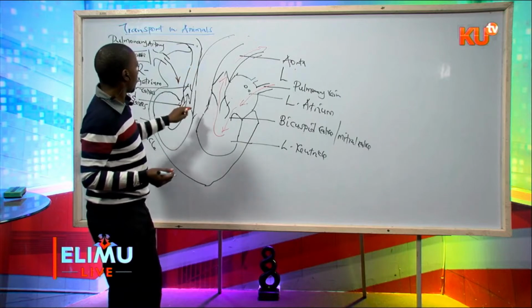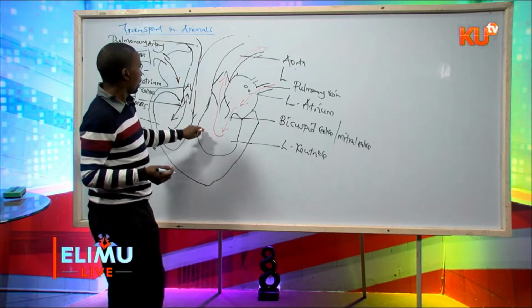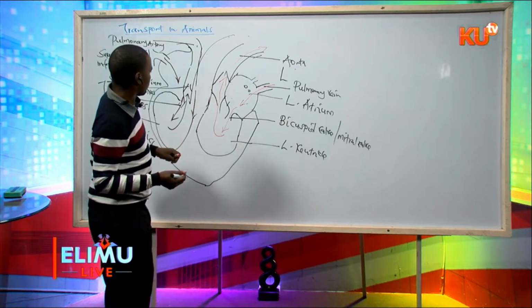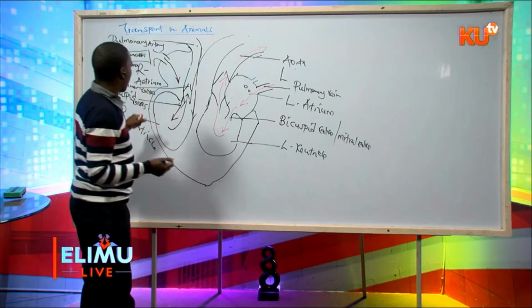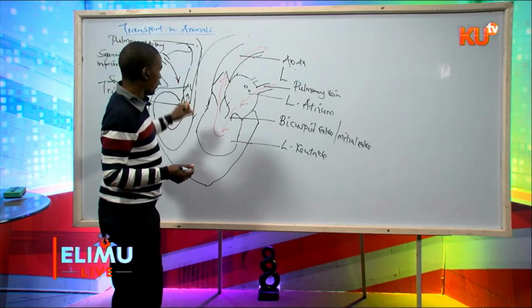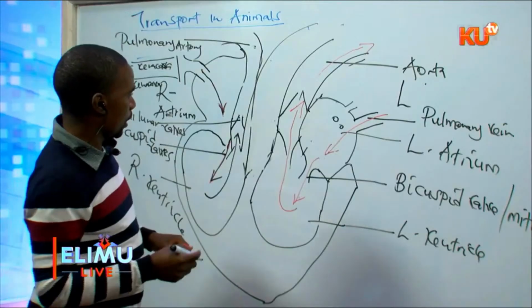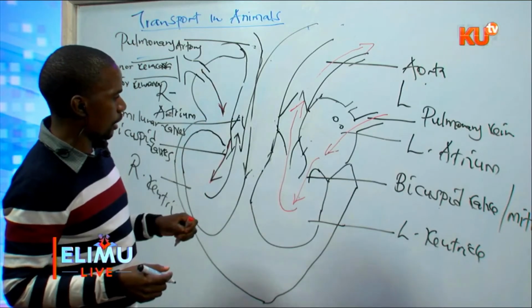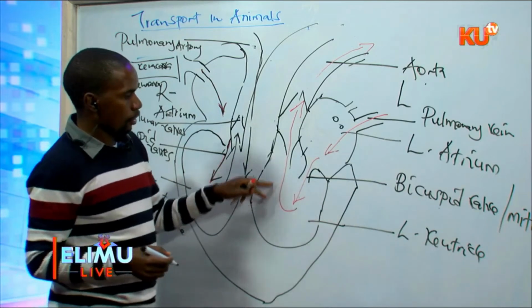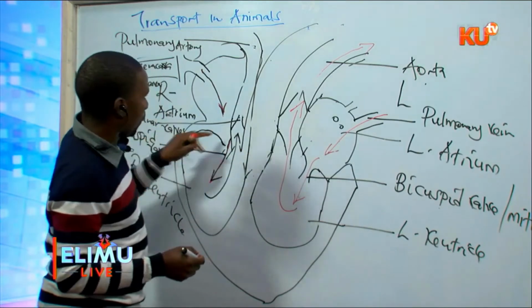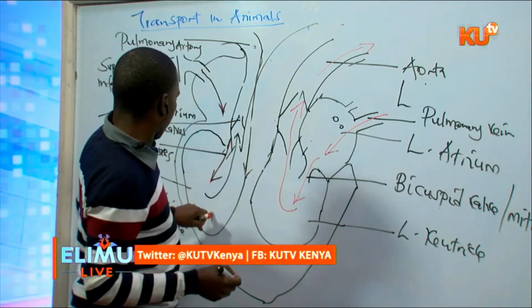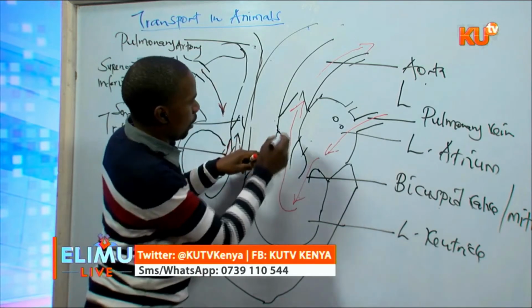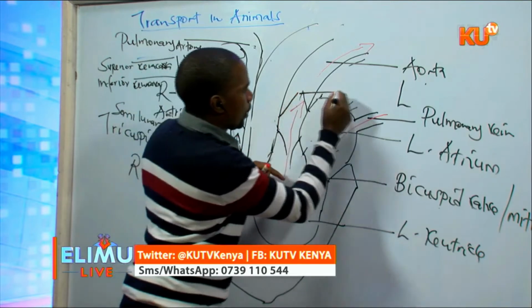So basically that is how the heart and its parts are situated, and that's their function. So having said that, we have to look at specific things here. This one is the semilunar valve. We have said it is connecting the pulmonary artery and the right ventricle. We also have another valve here.